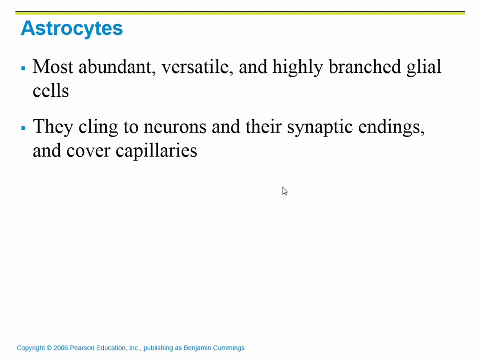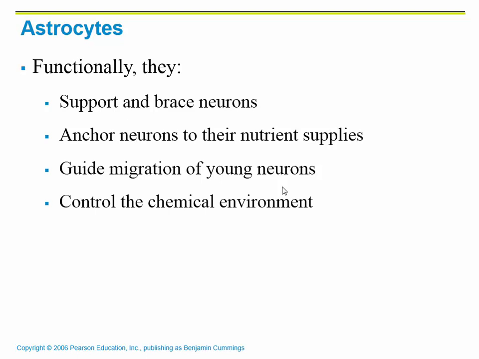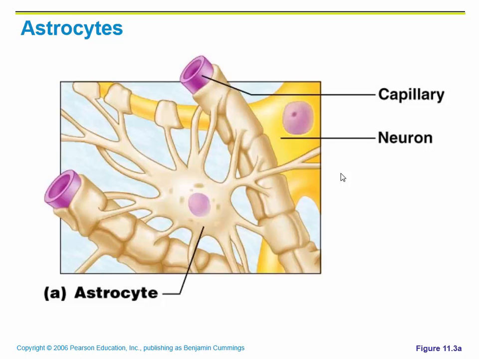So it's just going to help the neurons do this. So they're going to support and brace, anchor neurons to their nutrient supplies, make sure that neurons are communicating with the neurons that they're supposed to be communicating with, and they control the chemical environment.